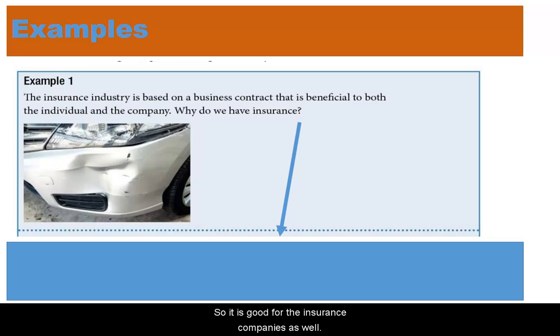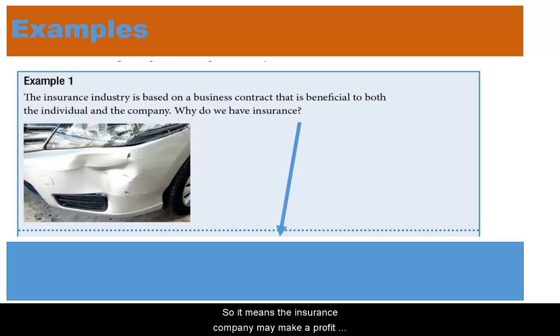So it is good for the insurance companies as well. If they take in a large number of premiums, they may pay for only a small number of the claims made, which means they will make a profit, right?